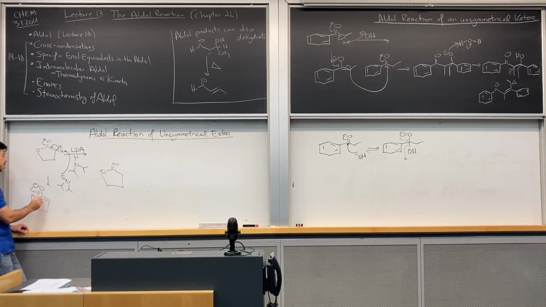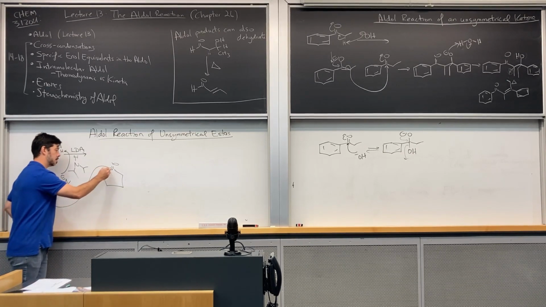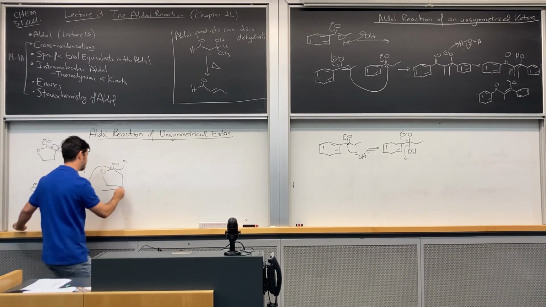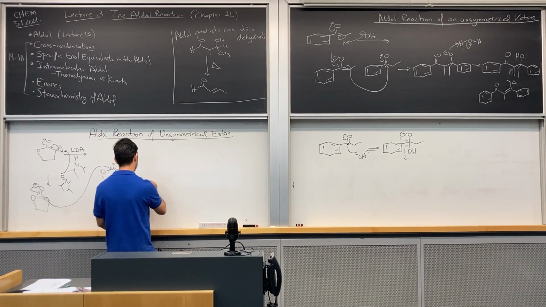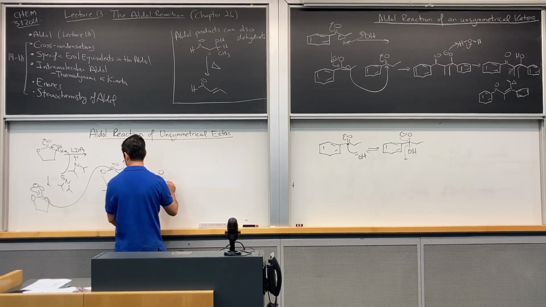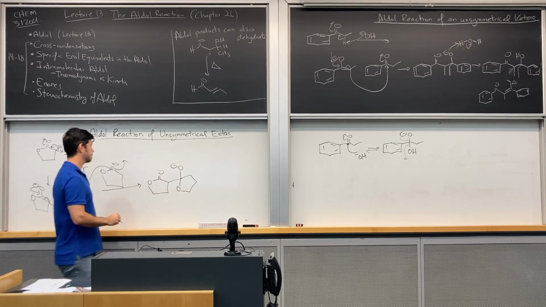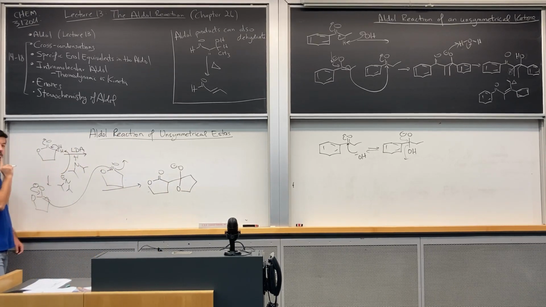Electrons come down. The enolate can now react. Right there, electrons go up, and you form this compound here. Okay, so there's nothing new about the mechanism.